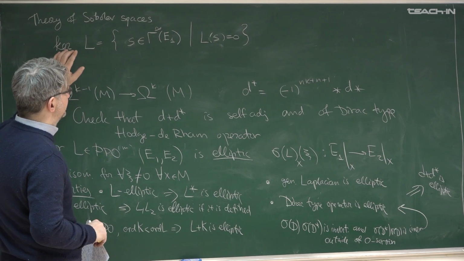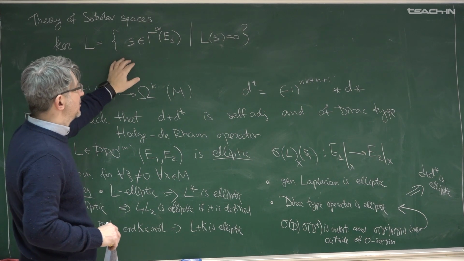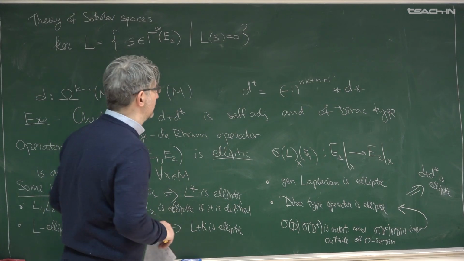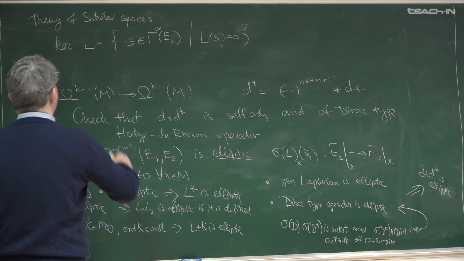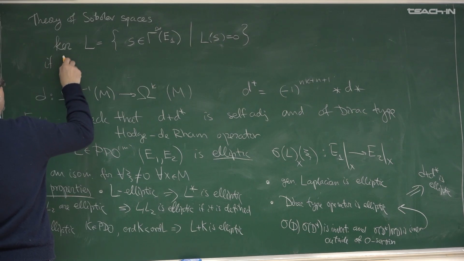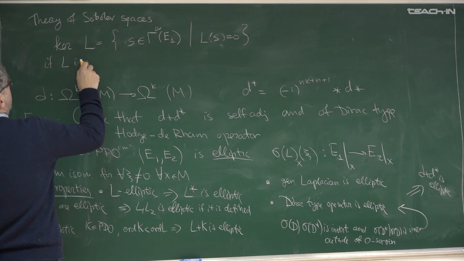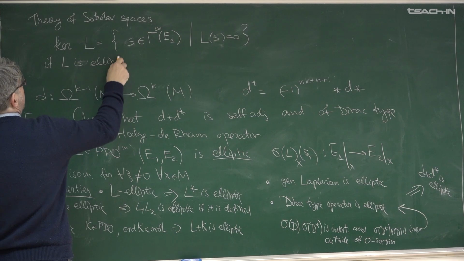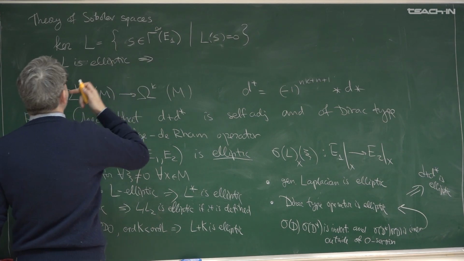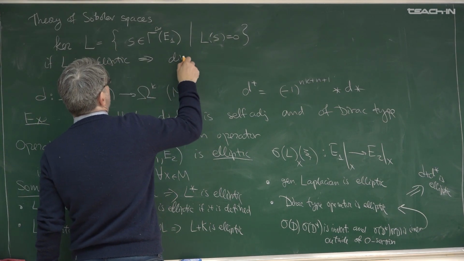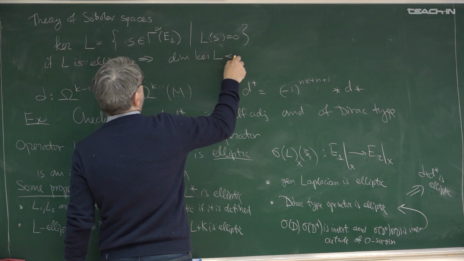So, kernel. These are smooth sections which are solutions of this differential equation. The tricky part is that if L is elliptic, then the dimension of the kernel is finite.